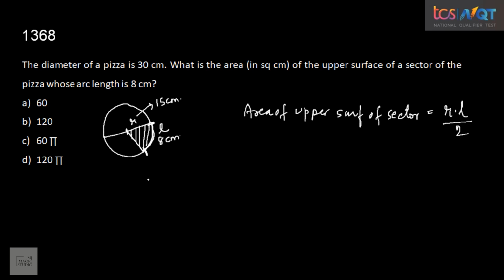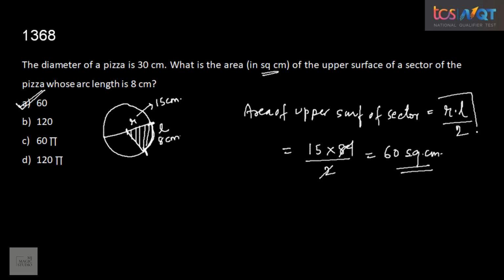So here R is 15, L is 8 by 2, that is simply 60 square centimeter. We need to find the area in square centimeter. It should be 60. Option A fits in.